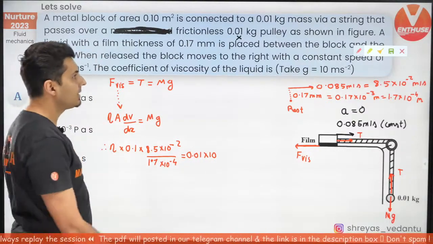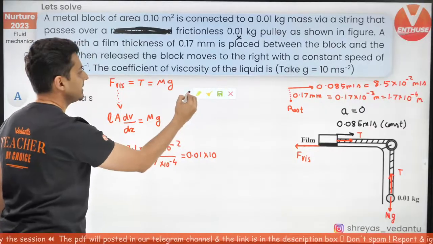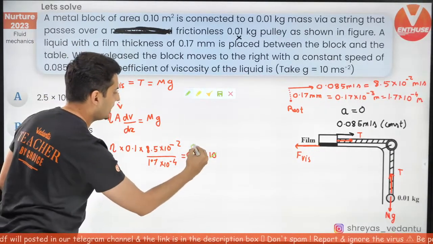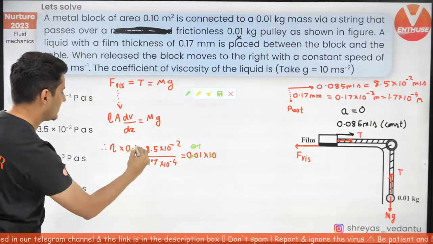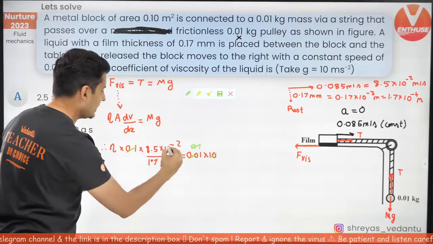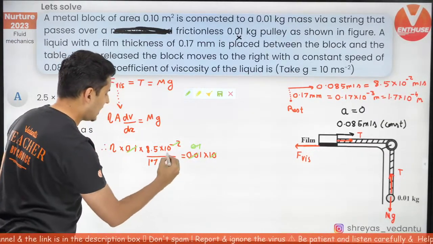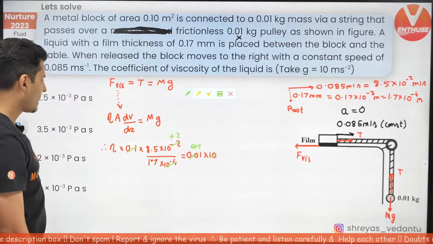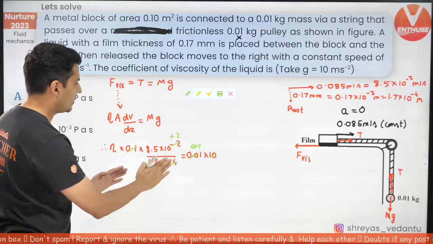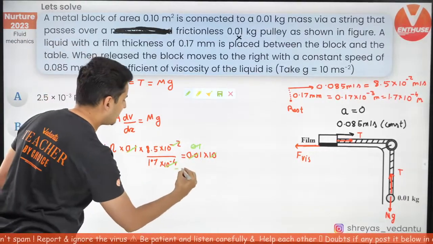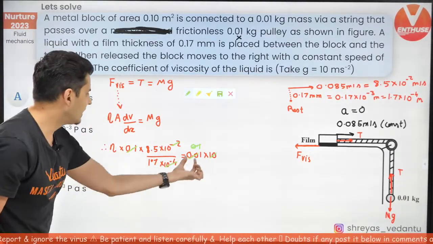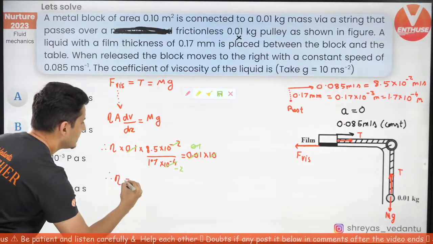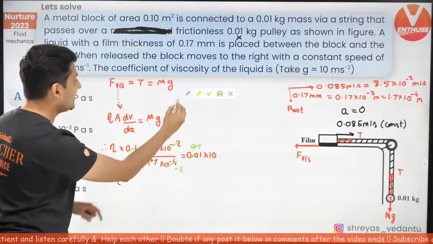0.1 here and 0.1 here, does it cancel out? Just check this out. This 10 multiplied with this gives you 0.1. This 0.1 and this 0.1 cancel out. 10 to the power minus 2 and this 10 to the power minus 4, it will become 10 to the power plus 2. Okay, fair enough. Or you can just put 10 to the power minus 2 over here, because I can then take it on that side. So I think I know what eta is. Eta will be 1.7 and 8.5.